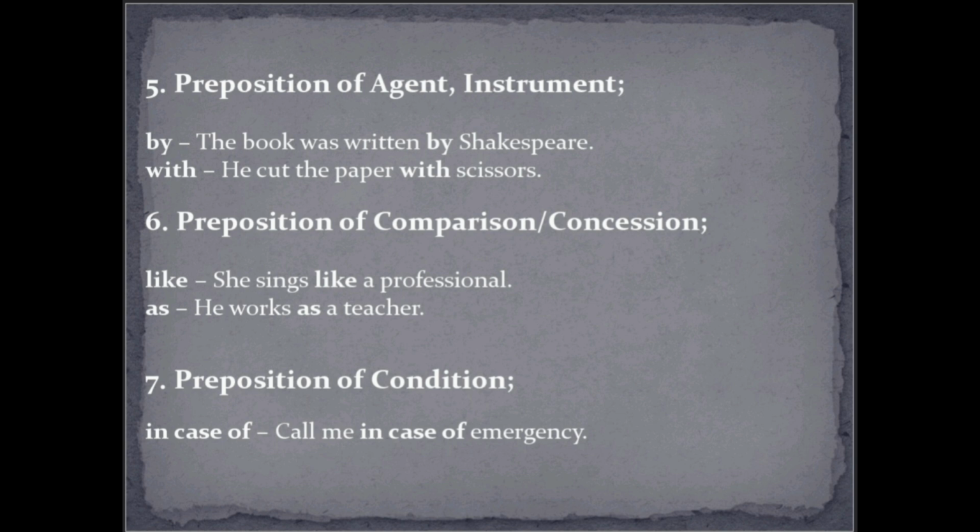The last type is prepositions of condition. A preposition of condition shows that an action will happen only if a certain condition is met. It introduces a requirement for something to occur. You will understand better with examples.